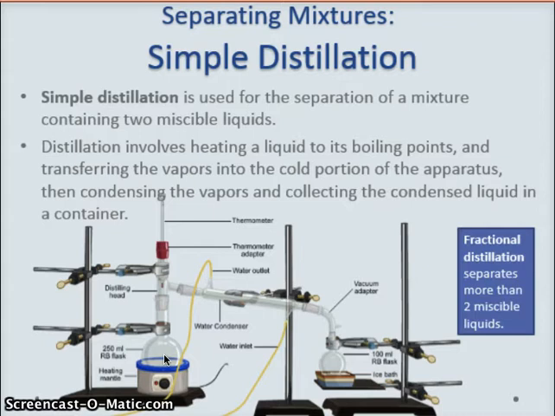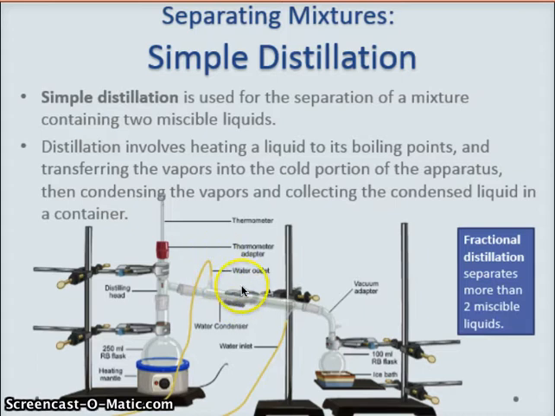However, sometimes you have a liquid that has many different liquids in it, more than two, and that's when you use something called fractional distillation. There's another device here that you put here. I forgot what it's called, but you don't need to know this. There are different names for it.